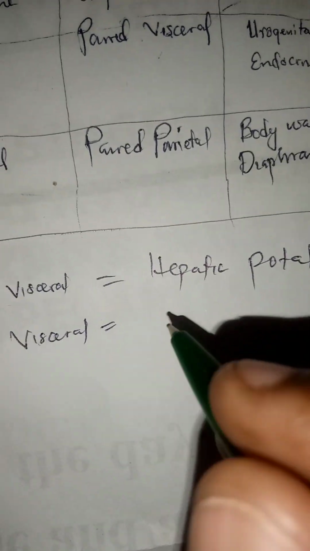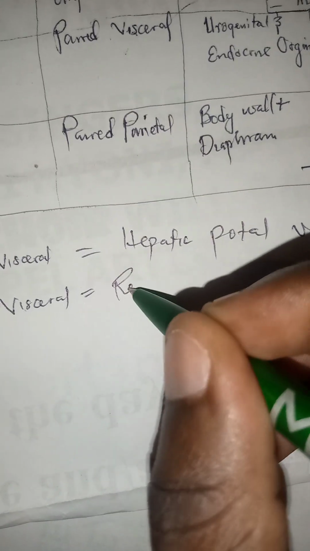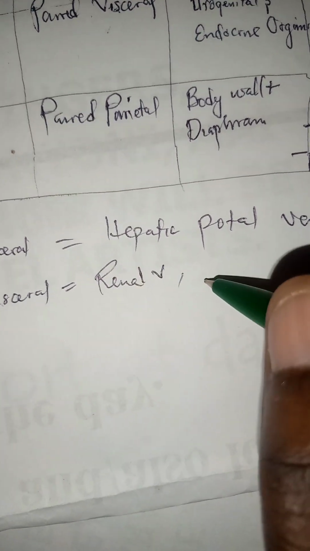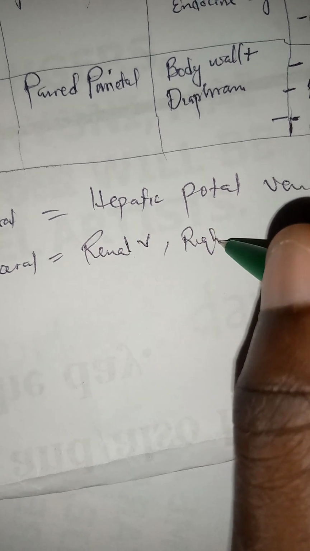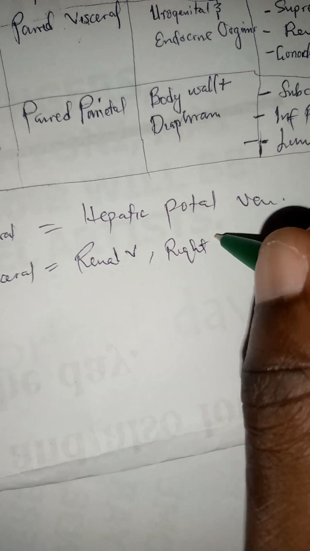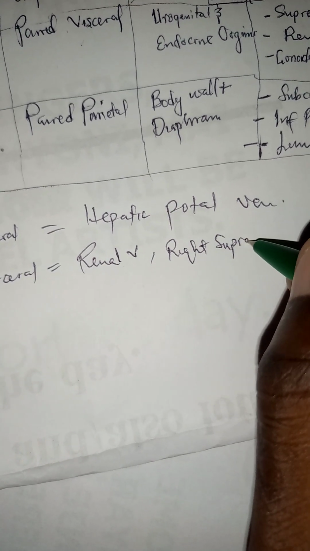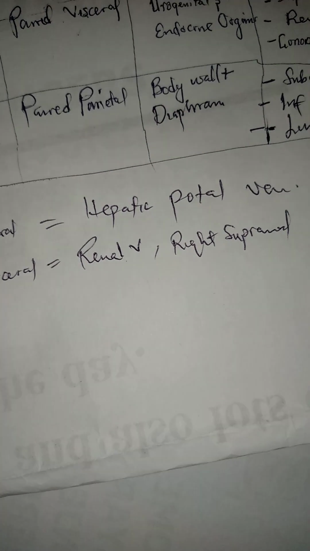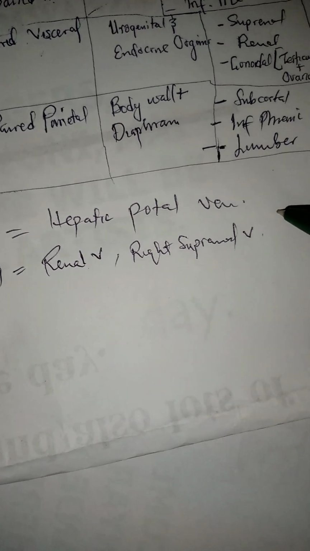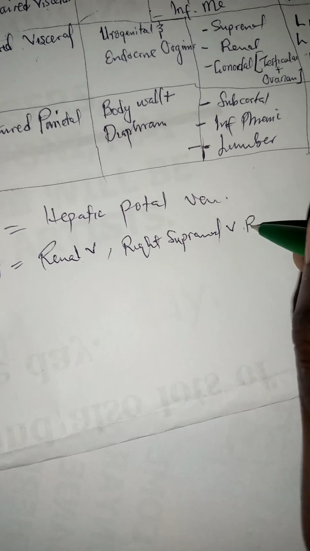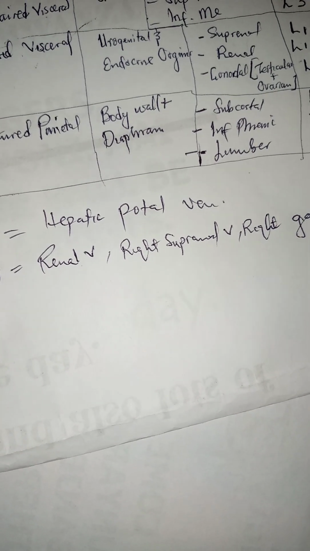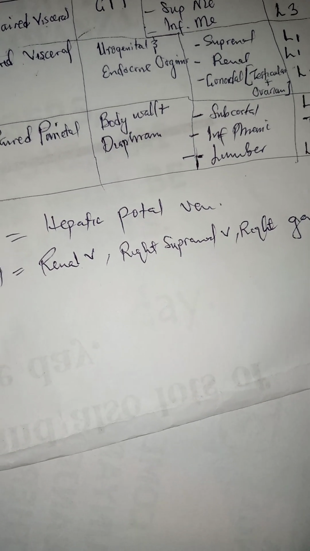So if you were to write what corresponds with this one, it is the renal vein. Apart from the renal vein you have the right suprarenal vein as well, and then you also have the right gonadal vein.